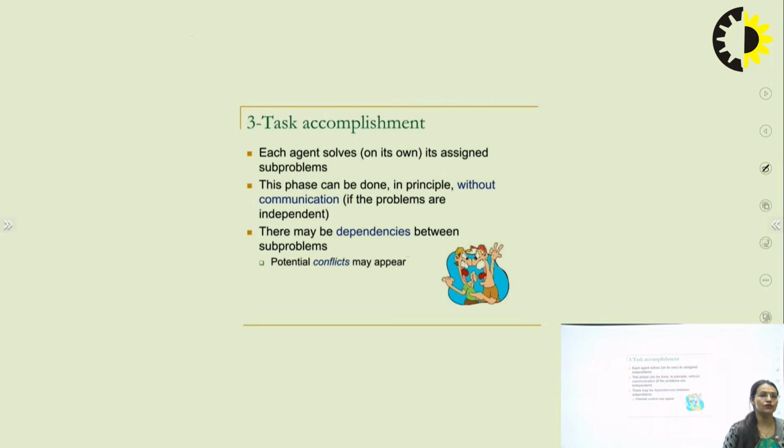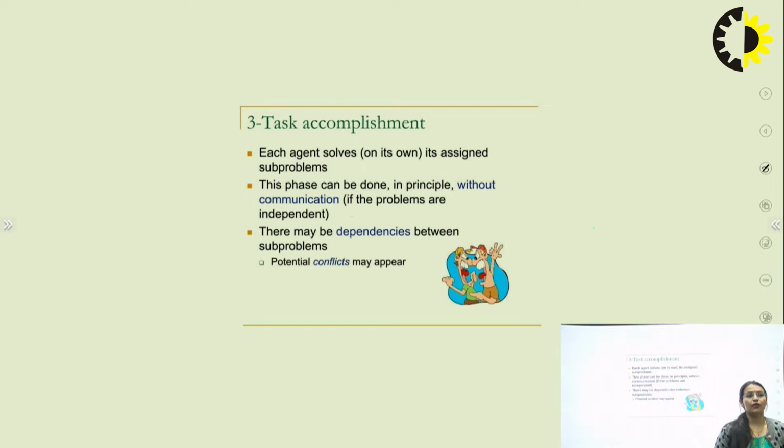But this scenario is not as simple as it looks, because there will be two scenarios. If the processes or the tasks are independent of each other, then there will be no issues and there will be no communication between any of the agents. The agents are independent of each other and they can work on their own tasks. But since there could be dependencies between the subproblems, agents need to communicate.